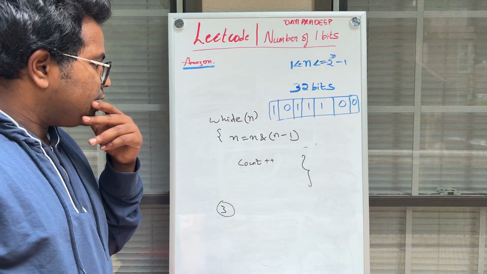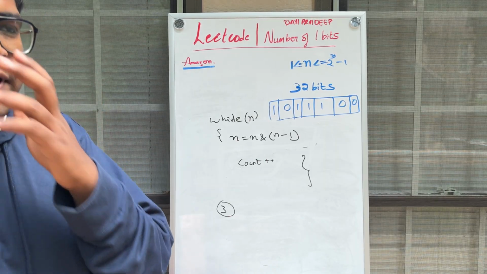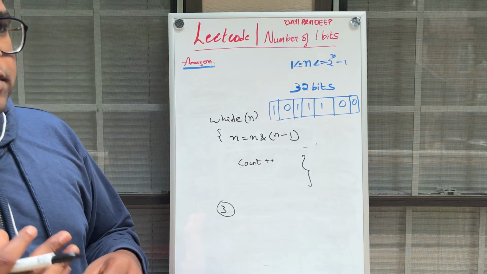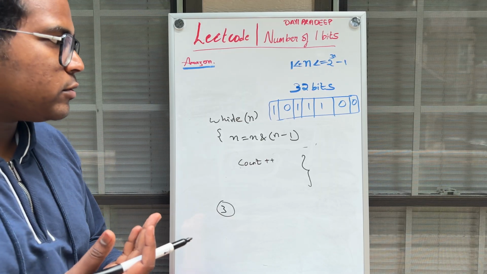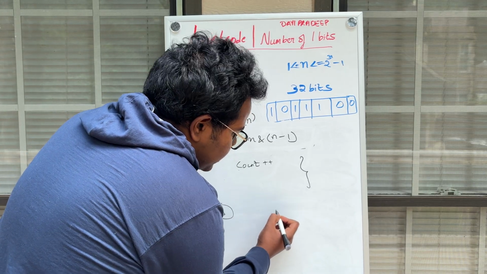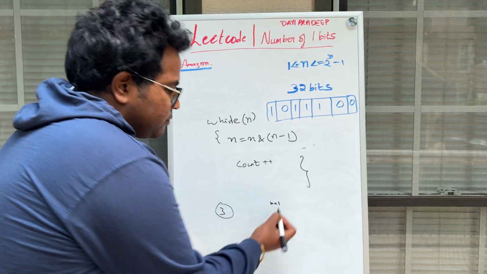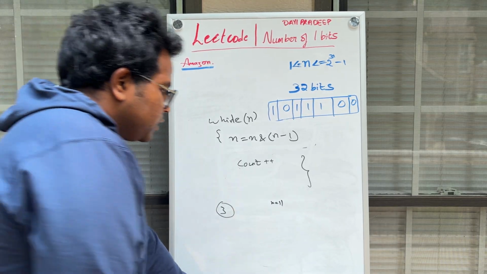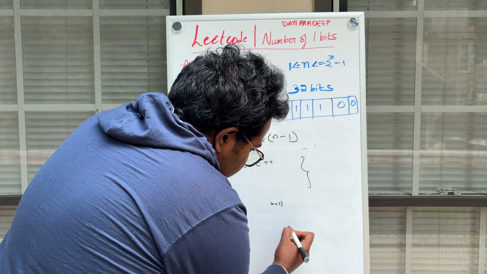And yeah, while doing this problem, I figured out how the programmer came to this approach. Suppose I take the number again, sorry, I'm using the same example again and again because I want to prove the solution.